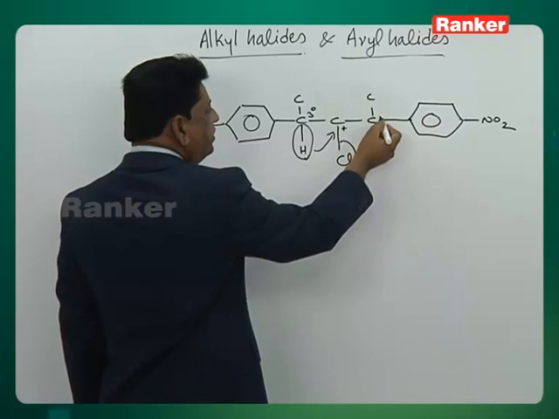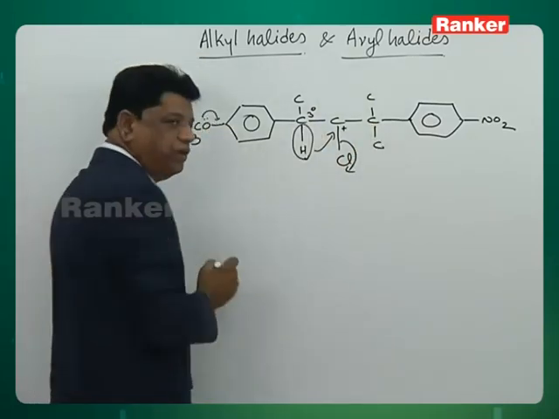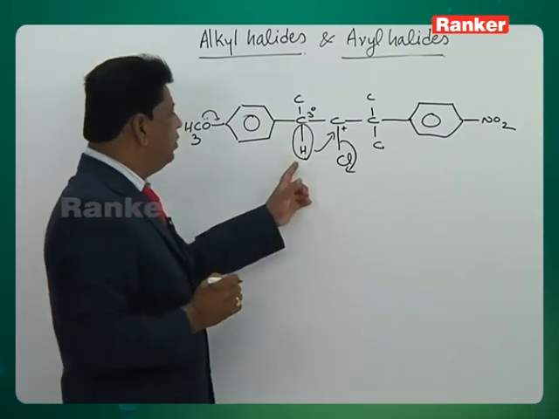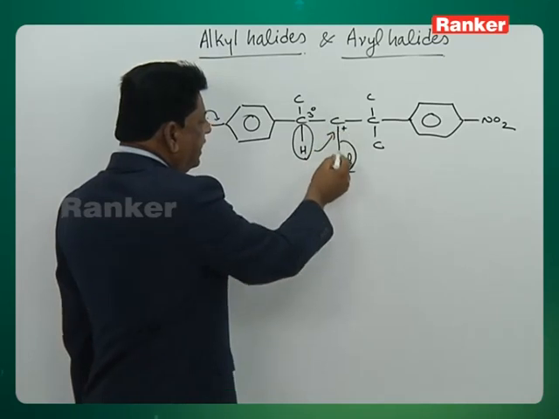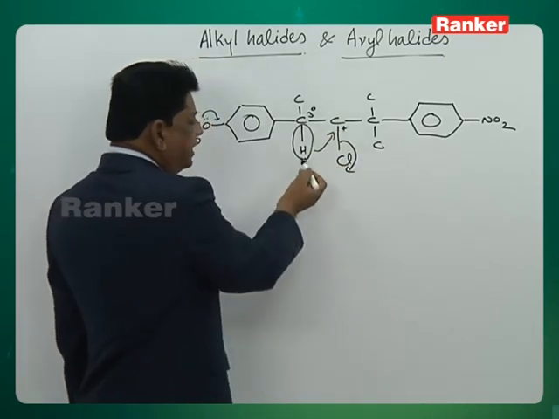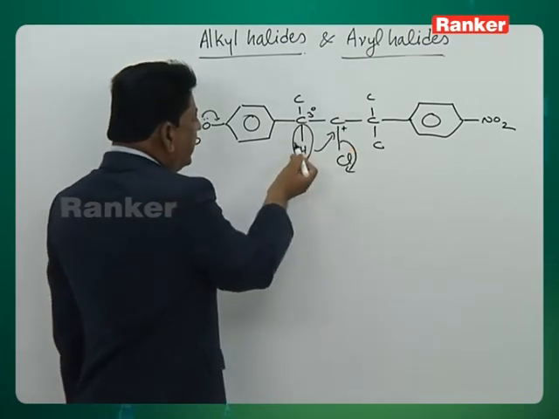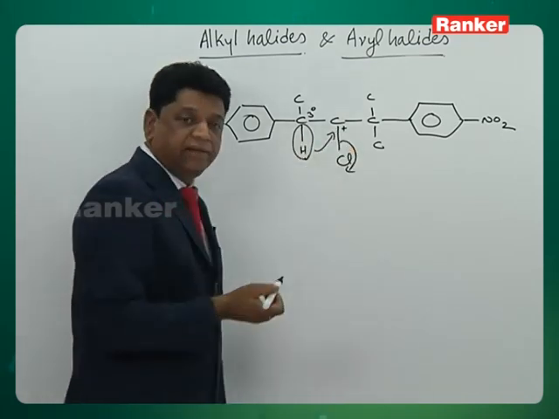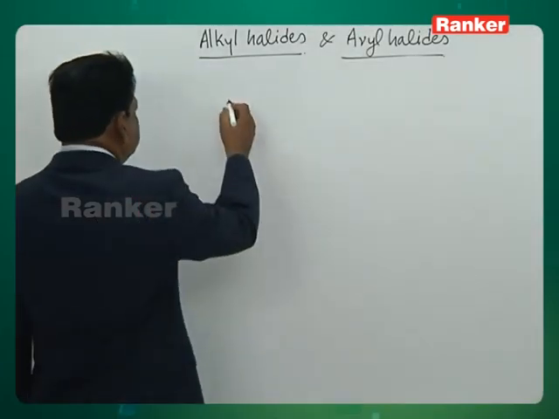Even if methyl goes, it gives a tertiary one, but the tertiary carbocation is supported by the plus M effect through this OCH3. Therefore, this hydrogen goes there and OH comes here. So in the first answer K, the Cl goes and OH comes. In the other answer, L, the H goes there and the OH comes here. Both answers are right, so K and L, that is answer A, is the right answer. Now let us go to question number 4.